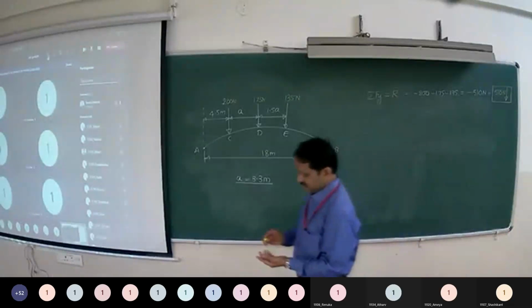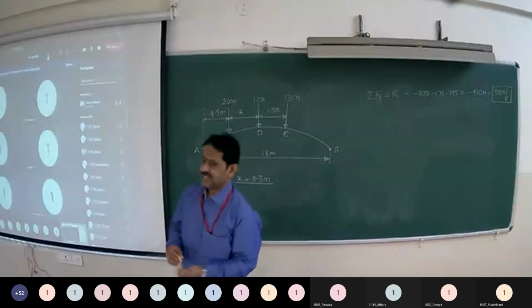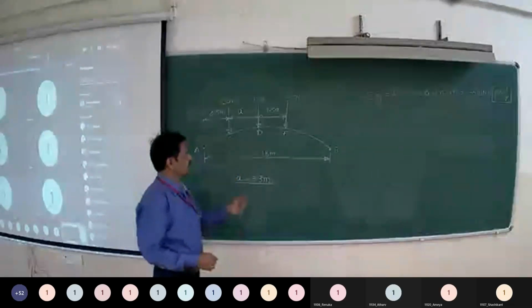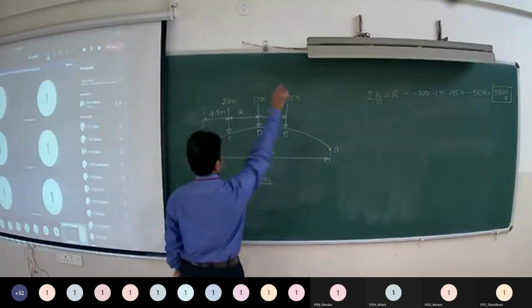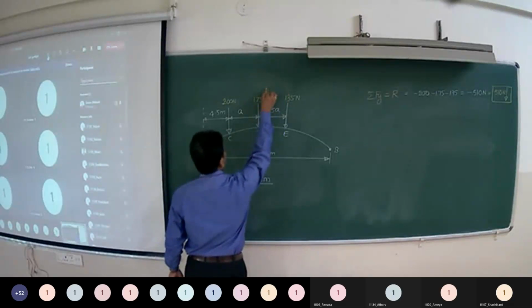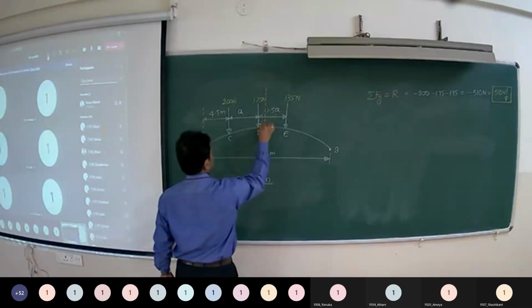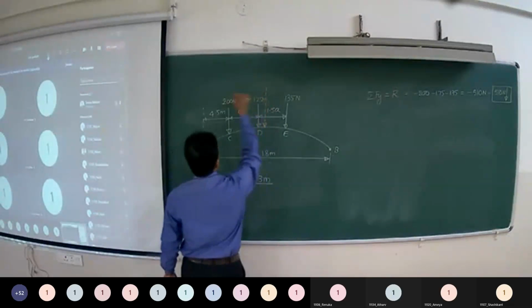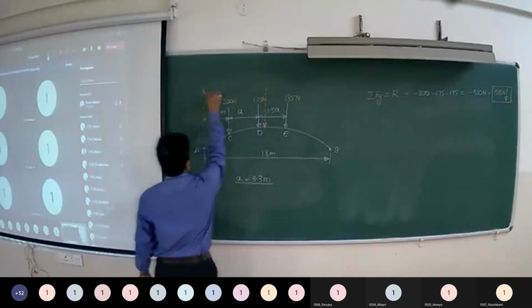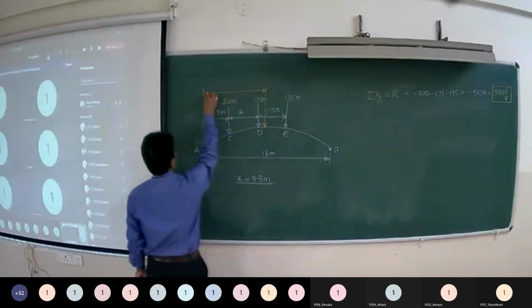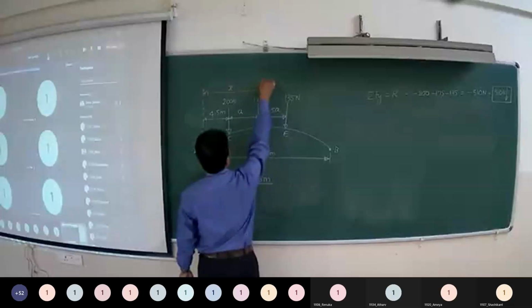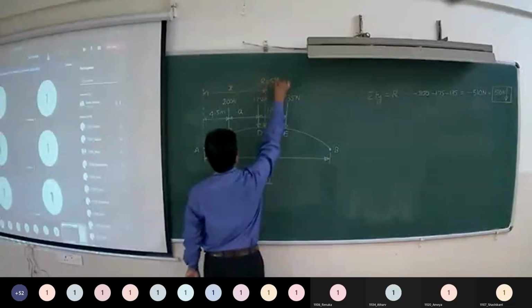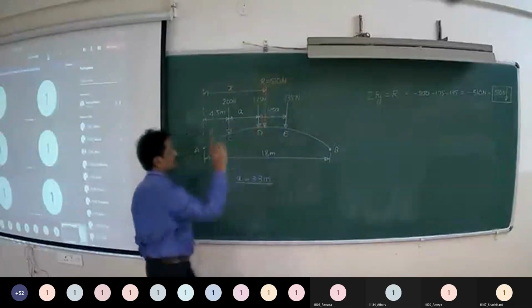Now you have to find out the position where the line of action of the resultant acts with respect to point A. Let the resultant R act at a distance x meters from A. So 510 Newton acting downwards.